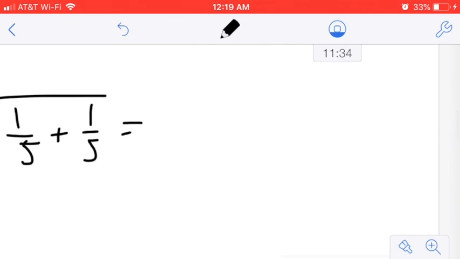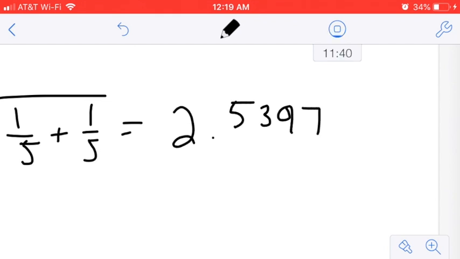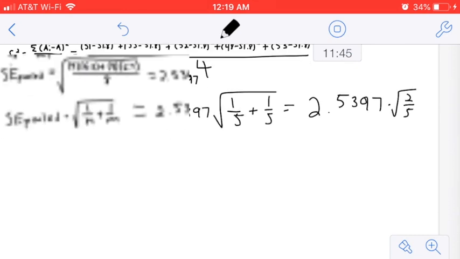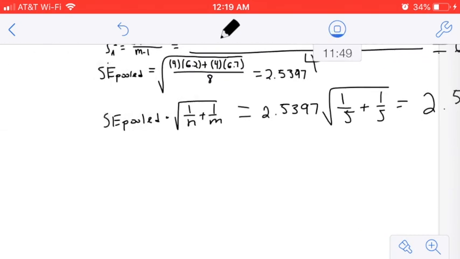That's equal to, again, 2.5397 times root 2 over 5. And that is approximately 1.606.